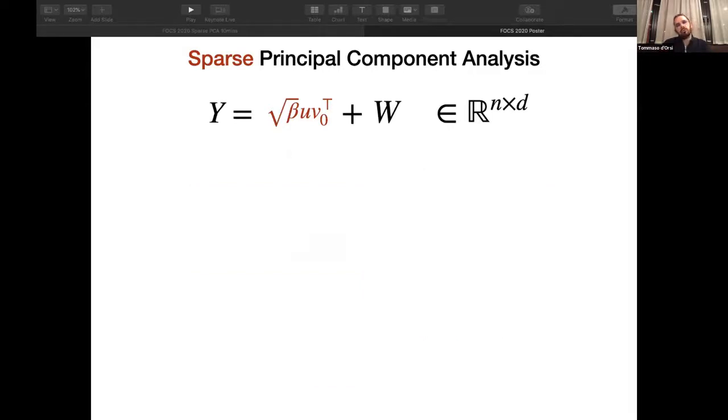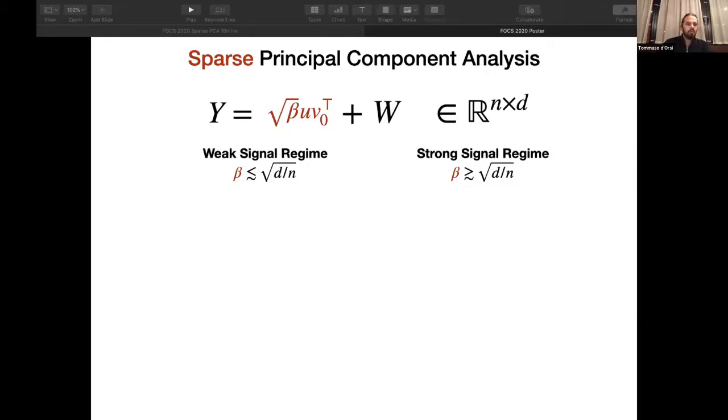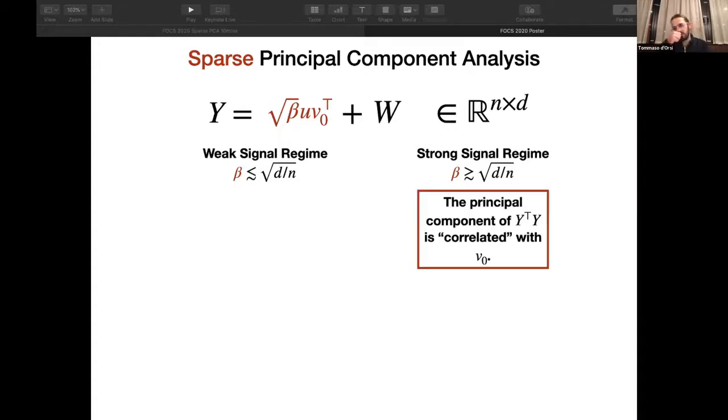If we try to instead use efficient algorithms, then we can divide the literature into regimes. The strong signal regime, where beta is larger than square root d over n, and the weak signal regime. In the strong signal case, the principal component of the empirical covariance is "correlated" with the signal.